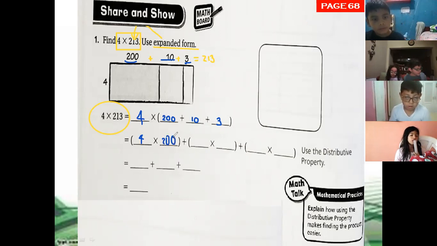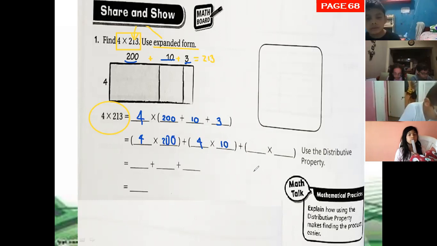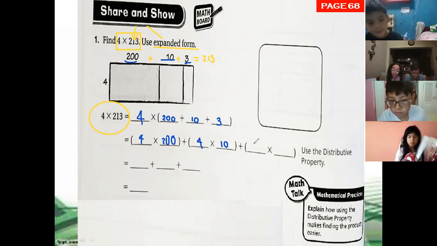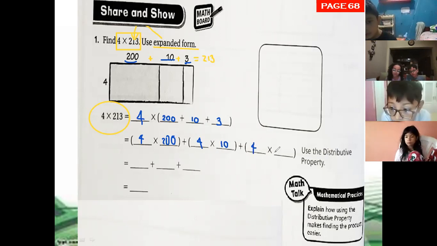What is the second number? 4 times 10. And what is the last basic multiplication that I had to write? 4 times 3.